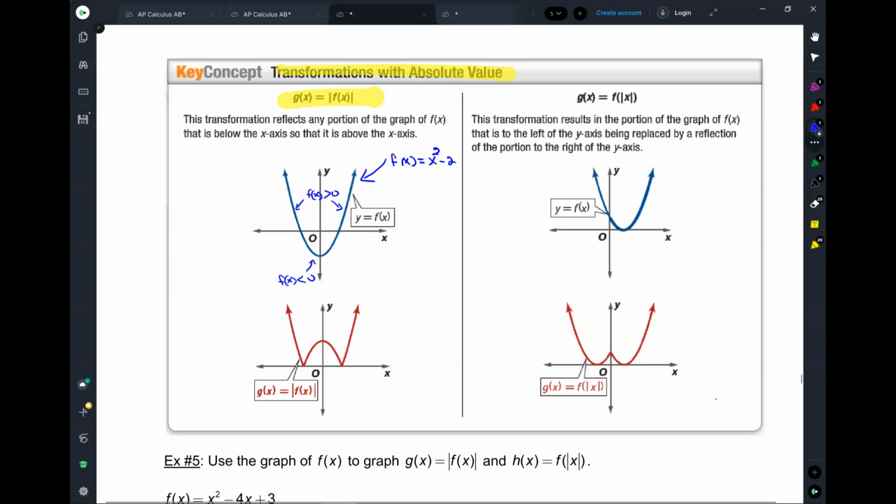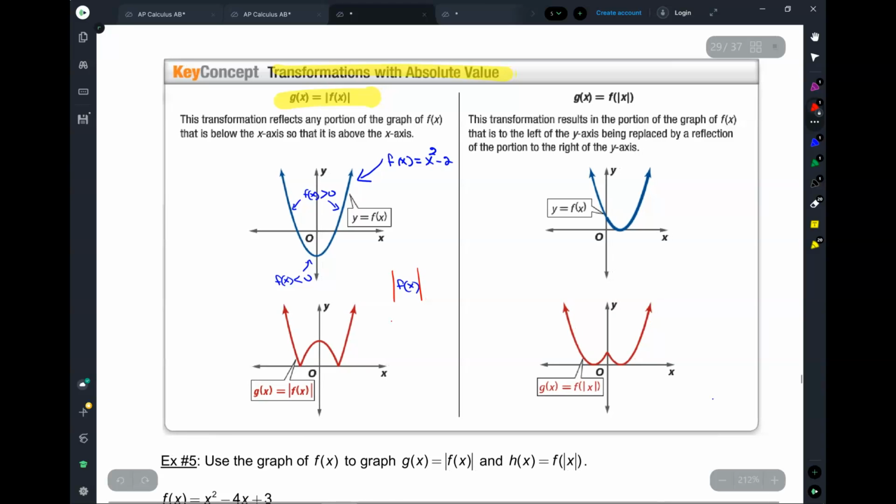Now, if I were to take f of x and put it in absolute values, that means f of x, or in other words, y, is no longer going to be negative. Because what does absolute value do? Whatever goes in there, it makes it positive. So this is going to make all the y values positive.